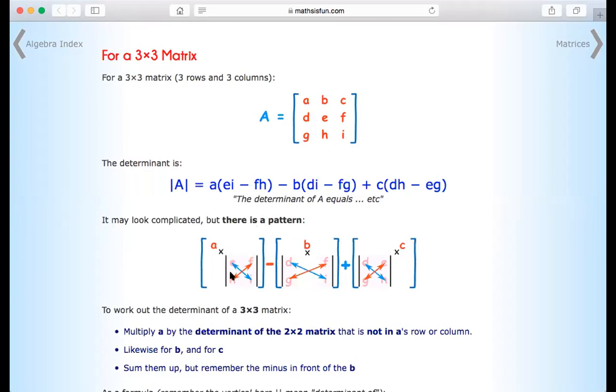So then basically you're going to have A multiplied by E times I minus F times H. And then on the second one, you'll be doing minus. You take the second one from the top here and then cover this row and also this column. Then you'll have this 2x2 matrix. So that tells you how to do it.